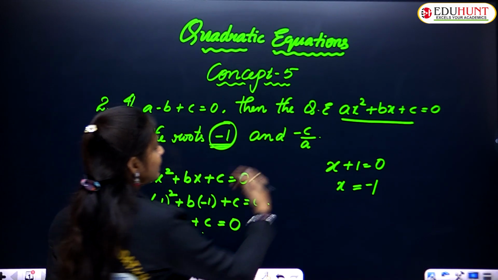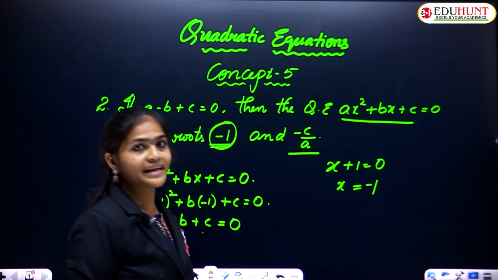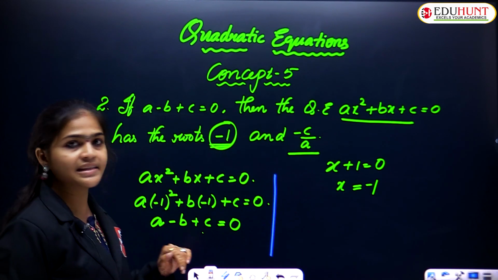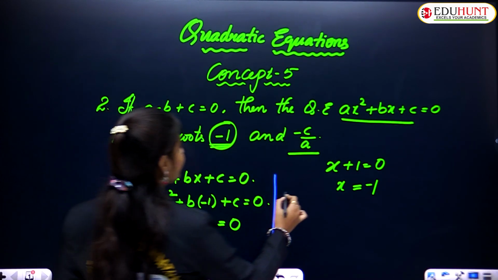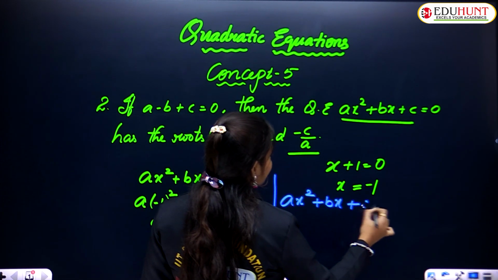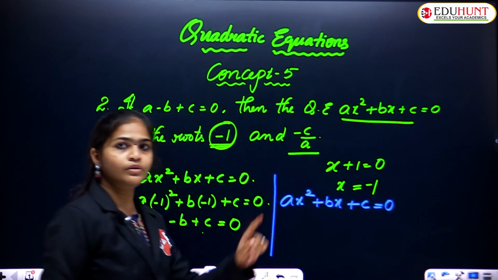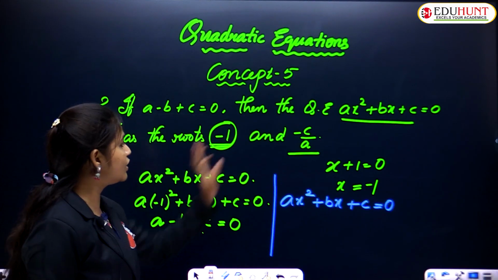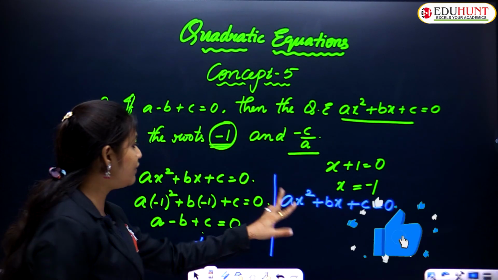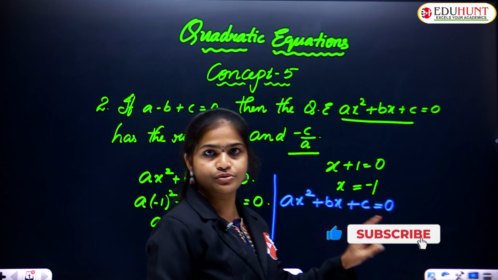So let us see the next one, what about minus c by a? See here the second proof, that is where we get minus c by a. If you take ax square plus bx plus c is equal to 0, we already have clarity that one of the roots is minus 1. So alpha is equal to minus 1, and we know that this equation has two roots, right?